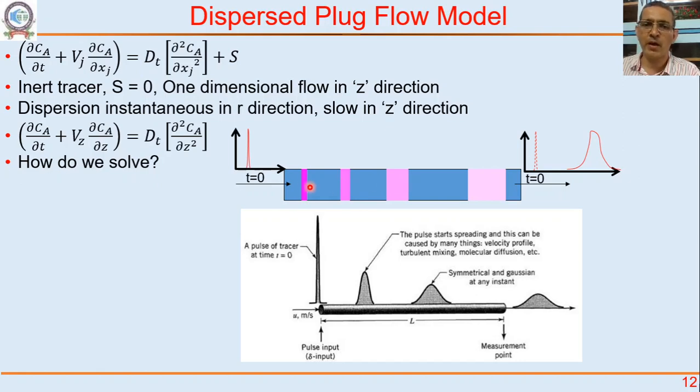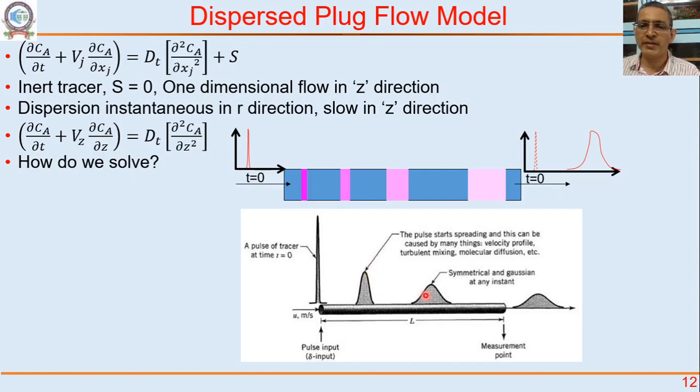And because it broadens, the concentration inside this tracer pulse is going to reduce. So if you put a pulse of tracer like this at the start of the reactor or start of the vessel, after some distance, it is going to spread. It is not going to be like a pulse, it has spread, as well as the peak has reduced.